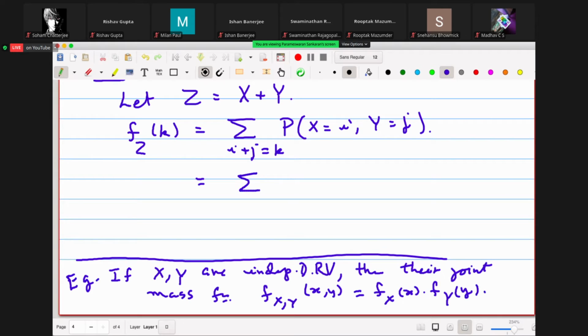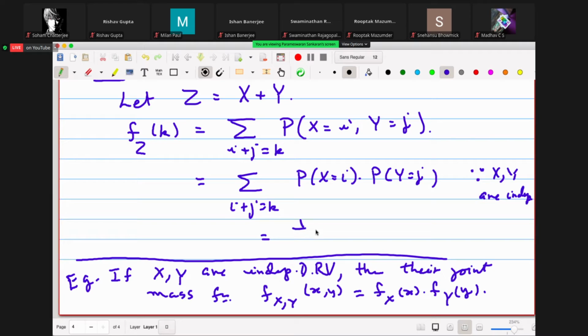So this is a summation over i plus j equals k. And what is this? The probability of X equals i times the probability of Y equals j, because X and Y are independent. Here is where you are using the independence hypothesis. And that's equal to what? Well, this is 1 by m, this is 1 by n. So 1 by mn times the summation over all possible ways of writing i plus j equals k. In how many ways can you write it?